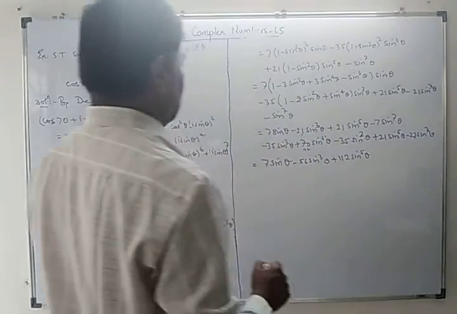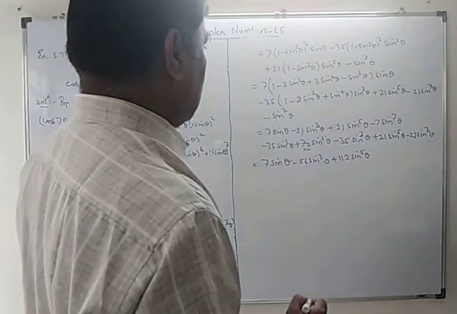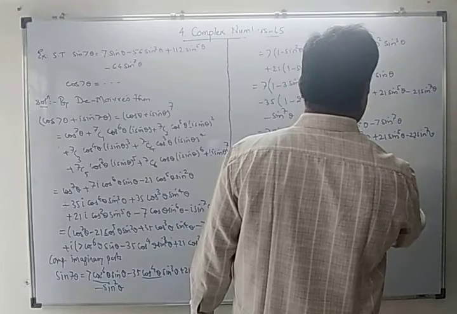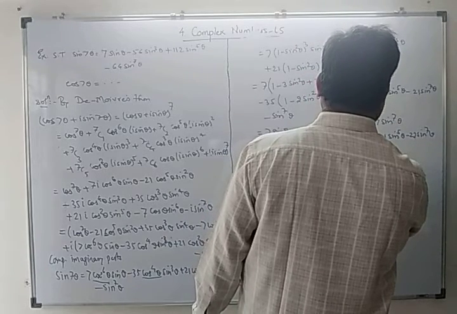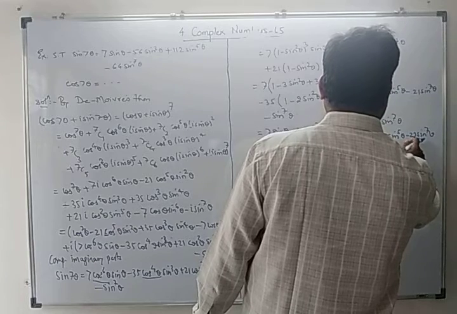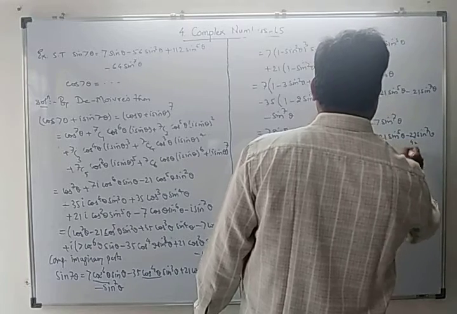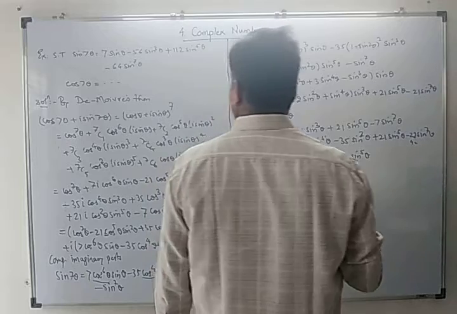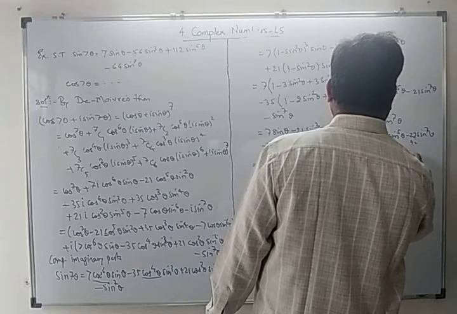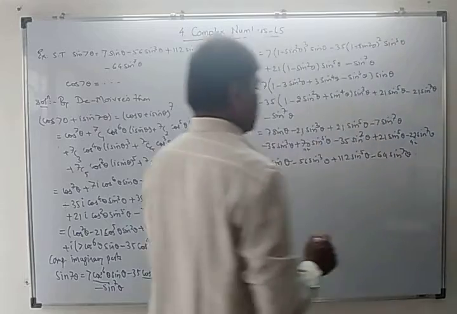And then lastly, how many sin raised to 7 thetas? So this 7, then this 42, and 42 plus, okay, we'll get minus 64 sin raised to 7 theta.